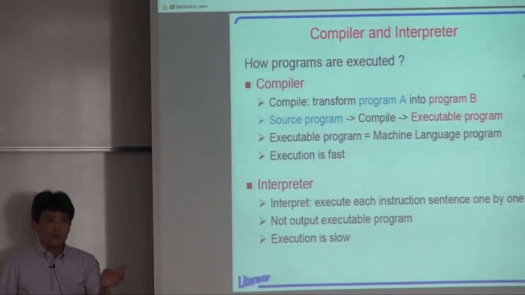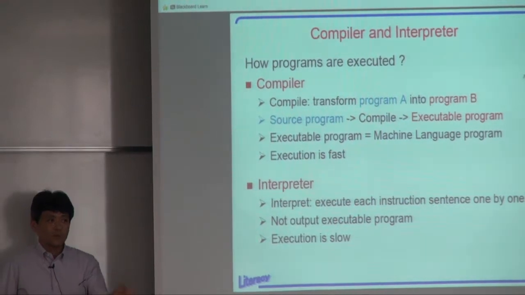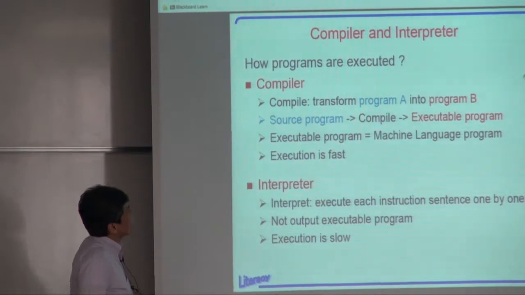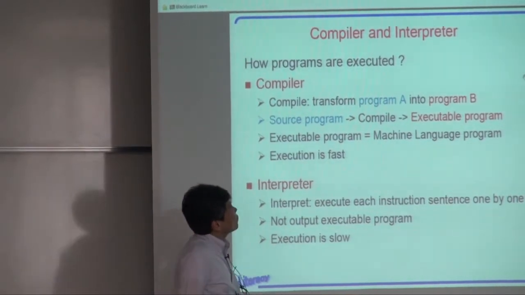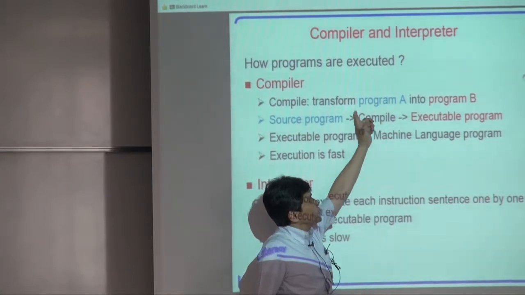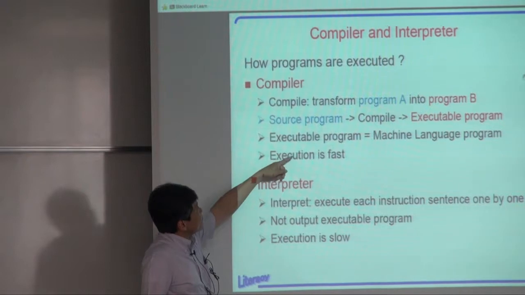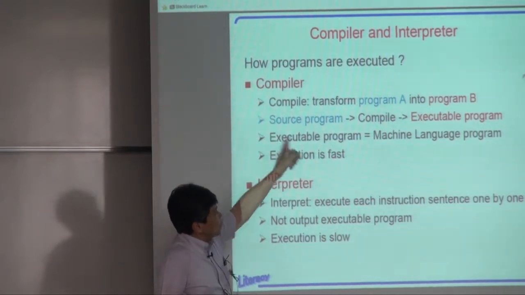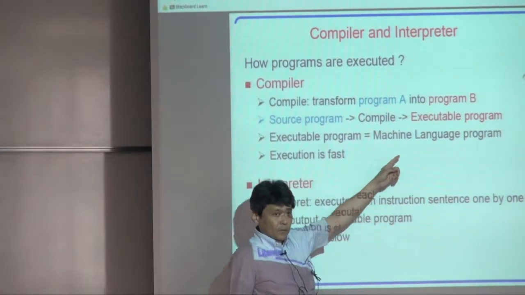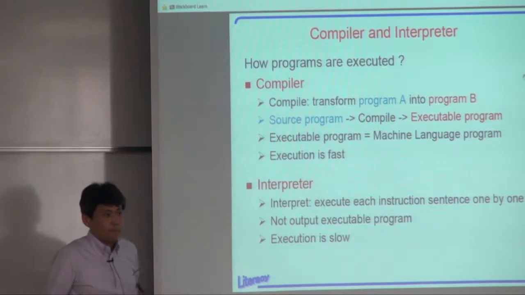You can use only the executable program, and you don't need the source program either. The executable program means a machine language program, a numerical code program. And the execution is very fast.